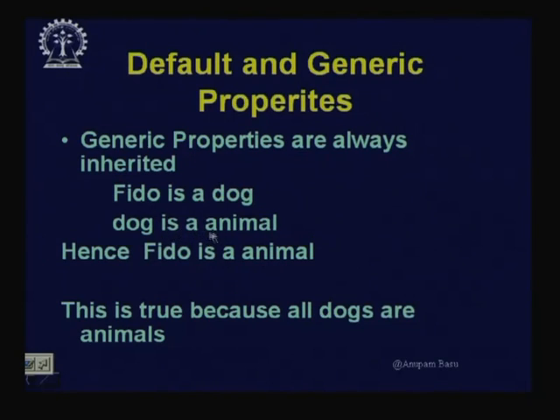In English, it should be dog is an animal. So, hence Fido is an animal. This is inherited. These properties are generic to the superclass, the original class, and if that property is generic, then that value will be inherited, and we do not change that.